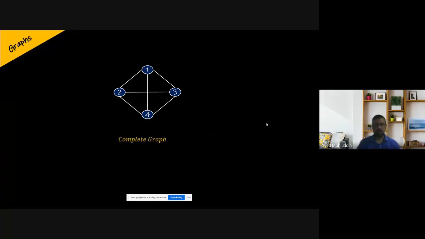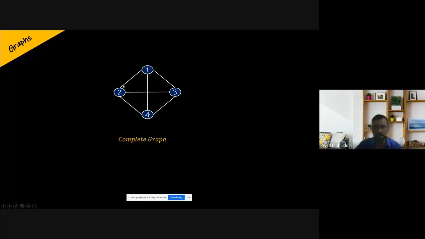Now let us see another definition in graph terminology, which is known as a complete graph. Let us look at this graph. We say that this graph is a complete graph. In a simple sense, a complete graph is a graph in which each vertex is connected with an edge to all other vertices. If you take vertex 1, all other vertices apart from vertex 1 are vertex 2, vertex 3, vertex 4.